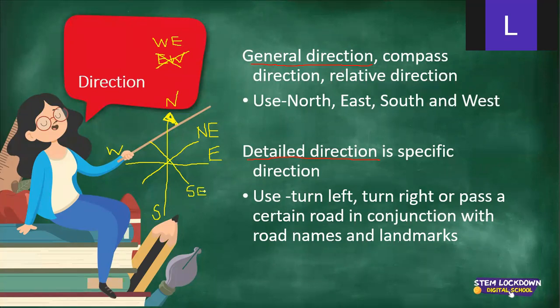Remember, your main cardinal points are your south and your north, so you always start with those. And then between west and south, it will be southwest. And then between west and north, it will be northwest.